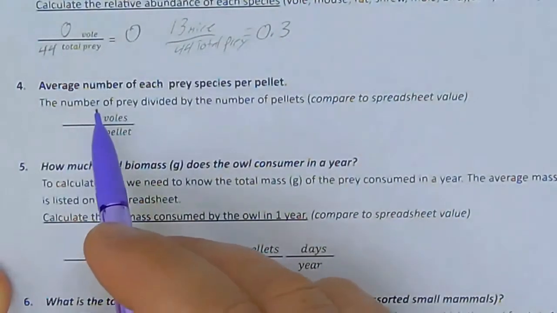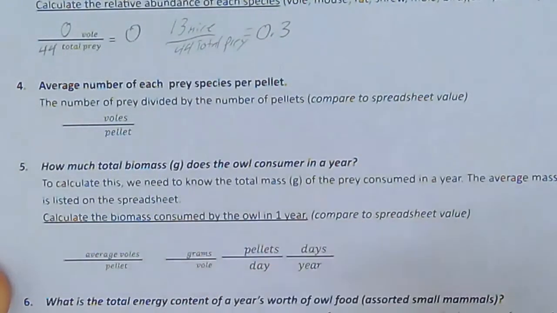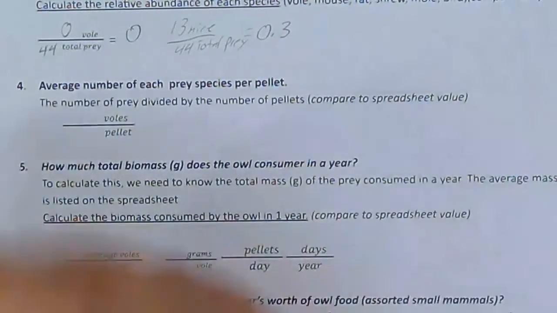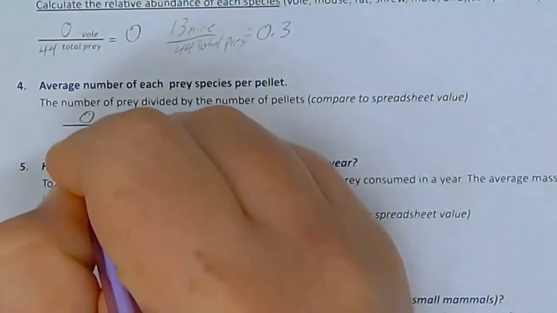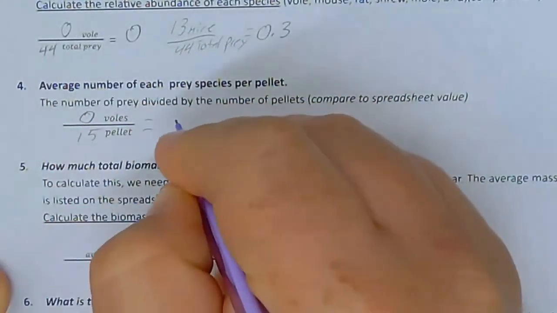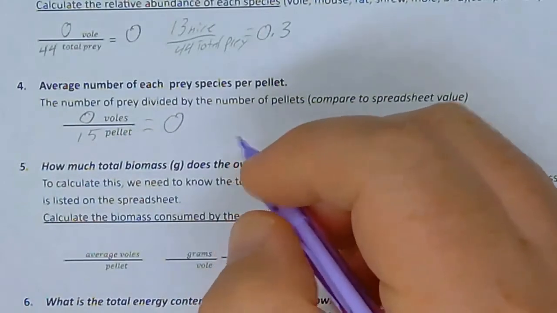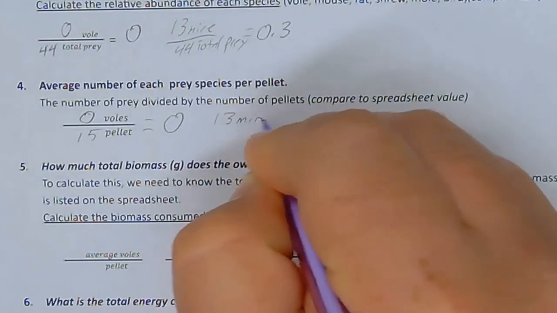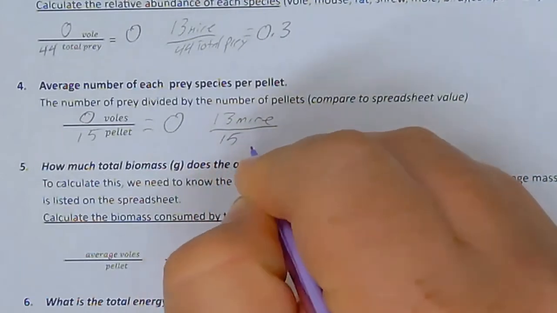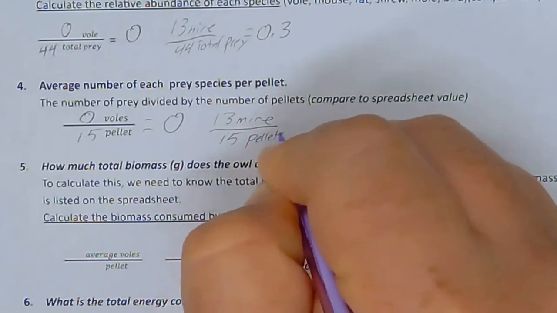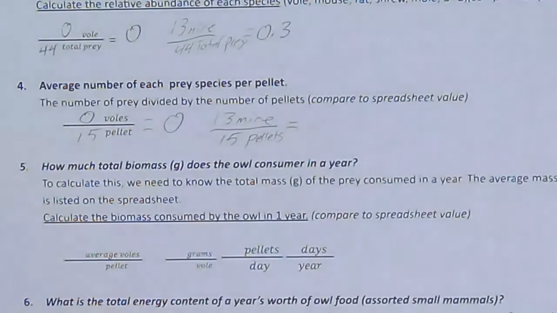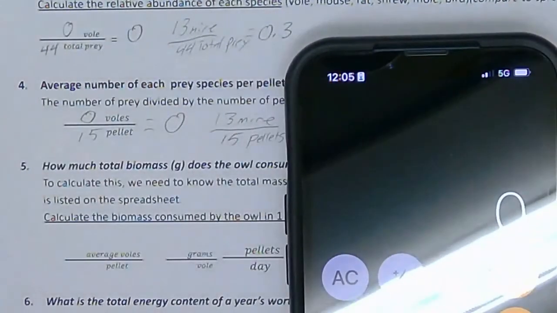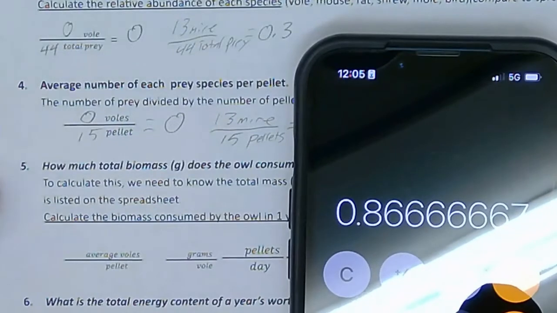So now we're going to calculate the average number of each prey species per pellet. So we're going to put in 0 voles, 15 pellets is going to give you 0. But let's do a real one. Let's do 13 mice divided by 15 pellets equals 13 divided by 15, 0.86 repeating.